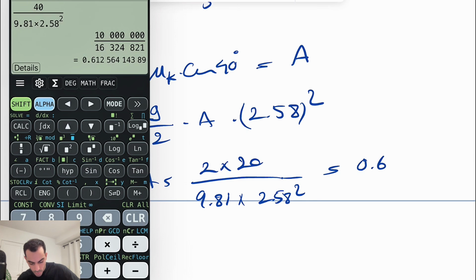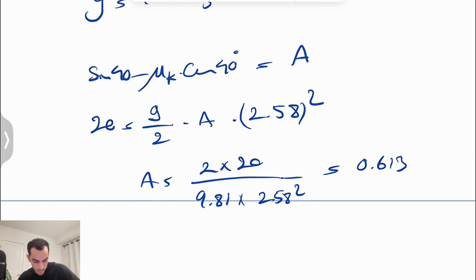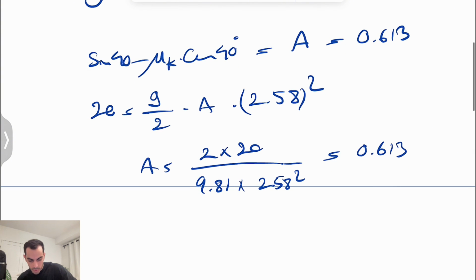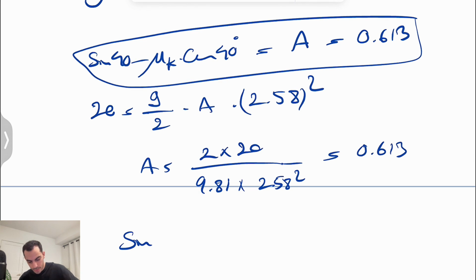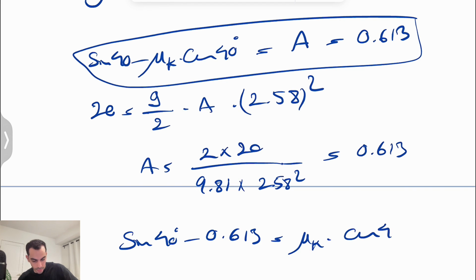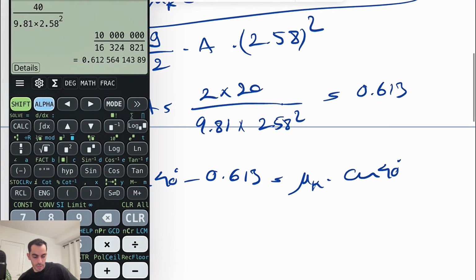It's going to give us 0.613. If I look at this equation, we basically have sine of 40 degrees minus 0.613 equals mu k cosine of 40 degrees.